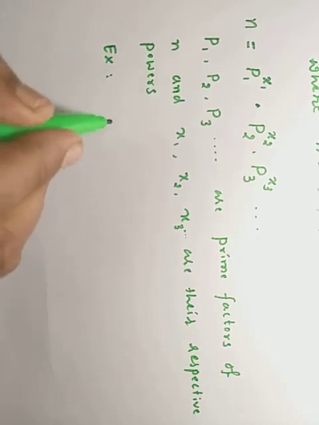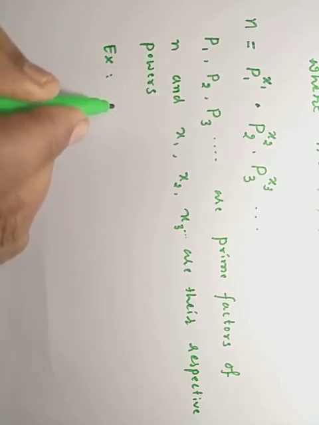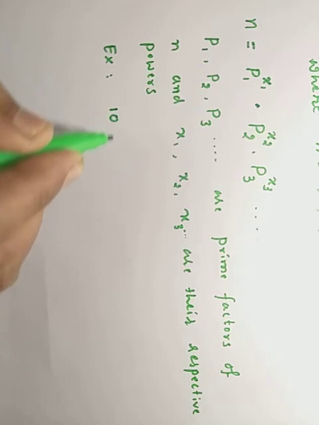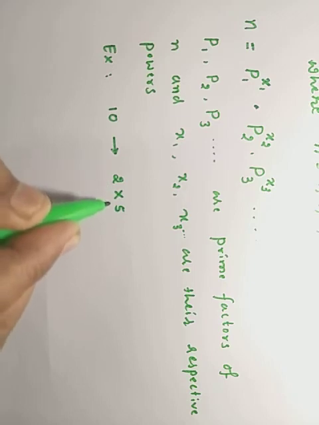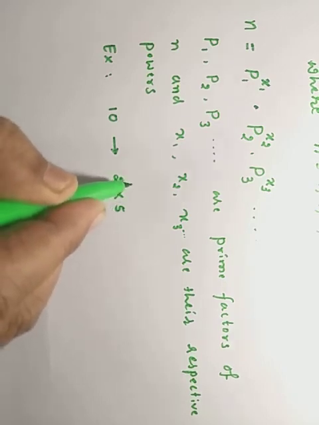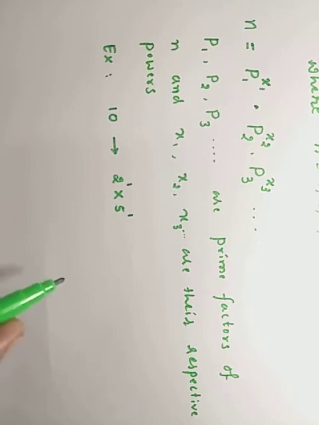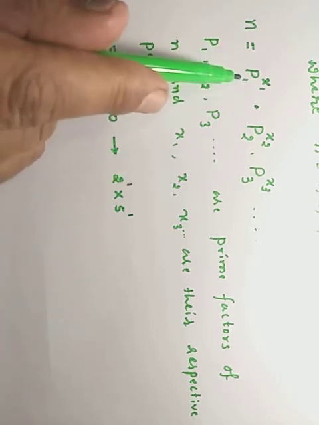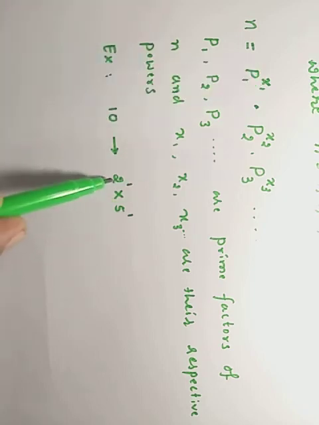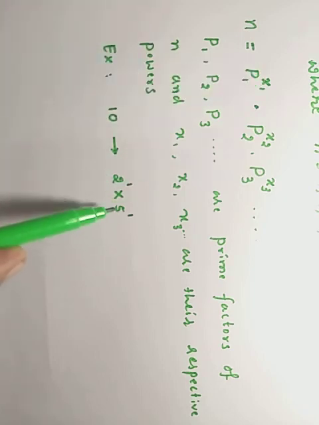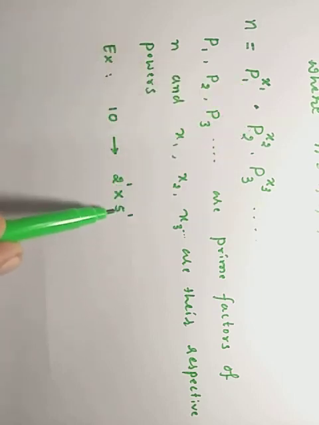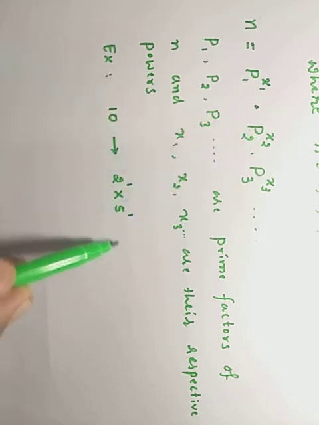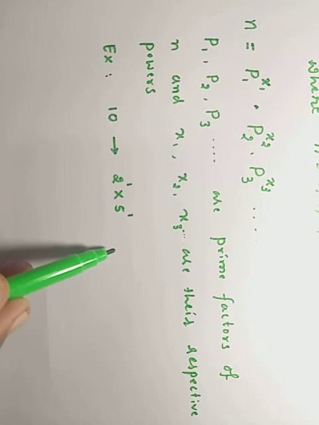Let us take 10. 10 can be written as 2 into 5. 2 is a prime, 5 is also a prime, 2 to the power 1 and 5 to the power 1. That is p1 to the power x1, 2 is first prime and 5 is second prime, that is p2. x1 is equal to 1 and x2 is also equal to 1 here. There is no x3 required, there is no p3 required here.